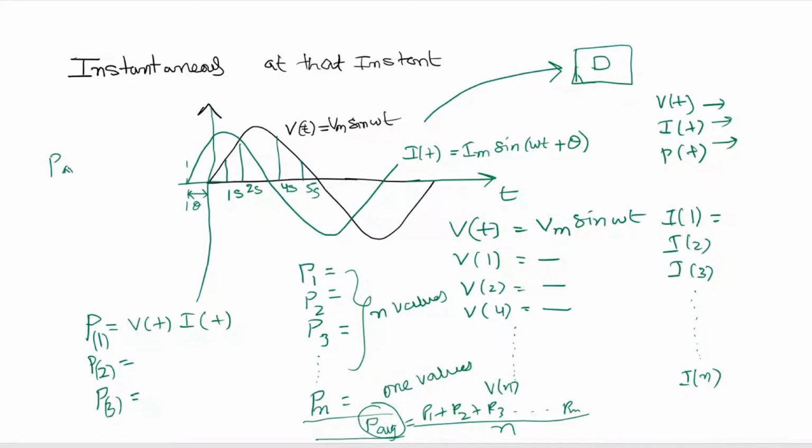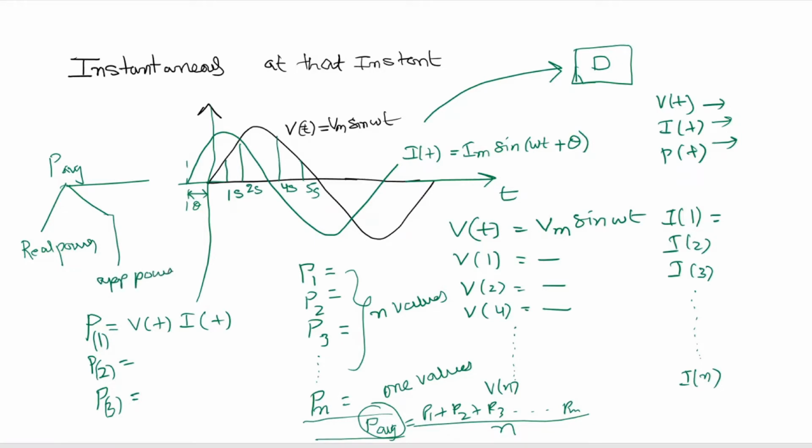P average. So after calculating the average power, this power is divided into three parts. One is called real power. Second one is apparent power.